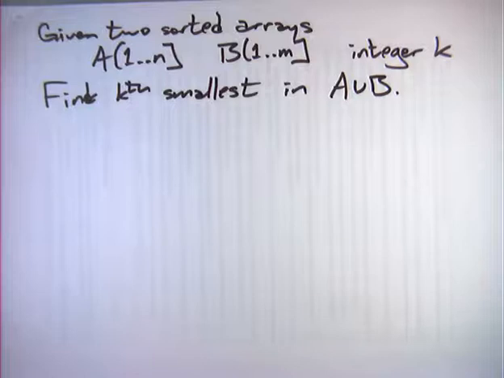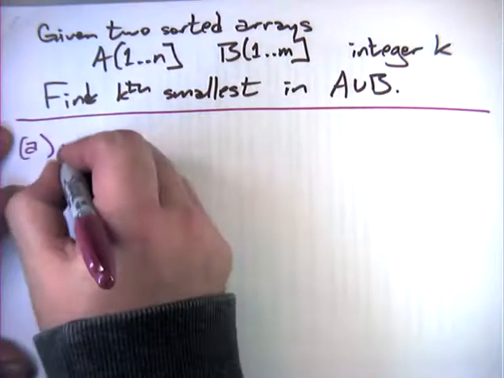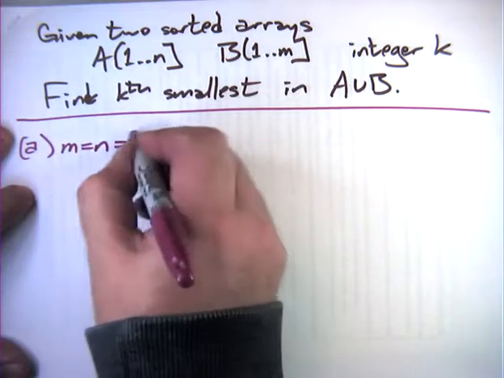All right. So there's a part A to this question, which is let's assume that m, n, and k are all equal.